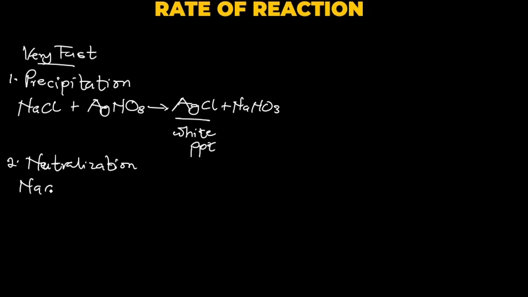So we have sodium hydroxide and we have HCl, and you know what the product is going to be, a salt and water. This is also a very fast reaction.